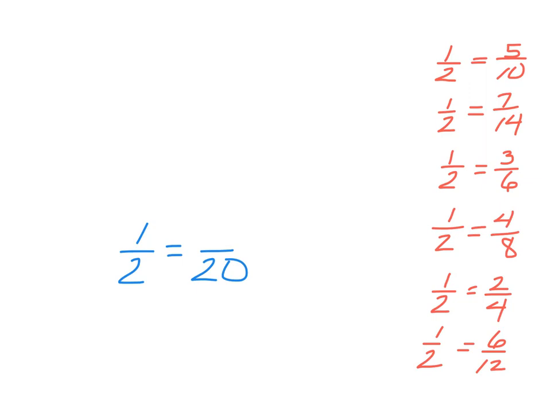Well, what would be the numerator? It would be 10. And how do you know that? Well, remember, the numerator is half the denominator. So half of 20 is 10. In this video, you learned how to identify patterns in fractions equivalent to 1/2.